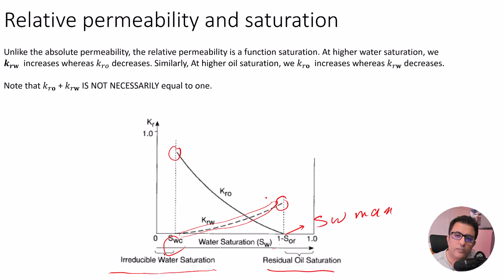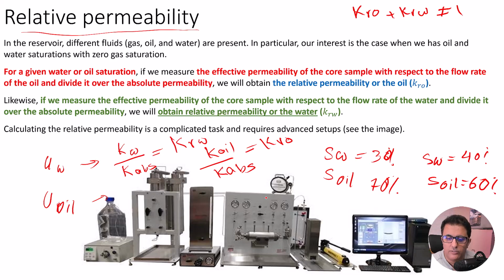Whenever we deal with a reservoir rock, companies may take a rock sample, and as you see here, this is a device used to calculate the relative permeability. This device is very complex. Indeed, obtaining the relative permeability is more difficult than the absolute permeability, and the device used for relative permeability estimation is more expensive.